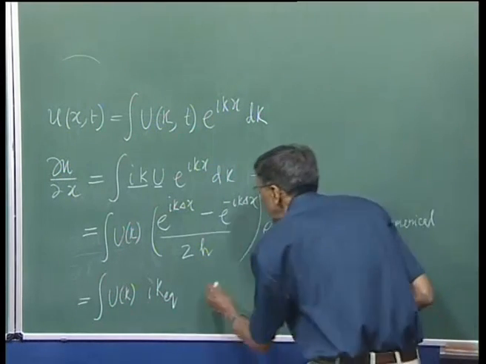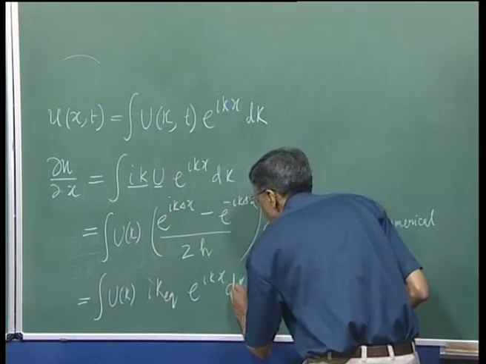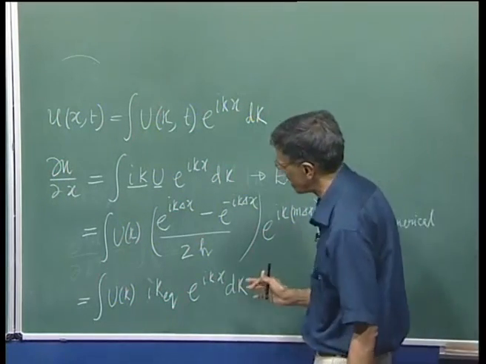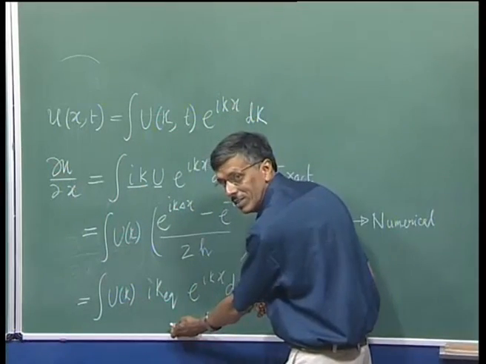Then we have e to the power i k x dk. So, what happens? Doing the numerical operation is equivalent to replacing i k by i k equivalent, right.